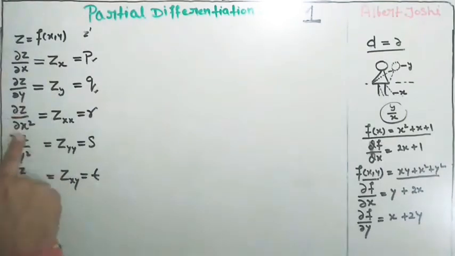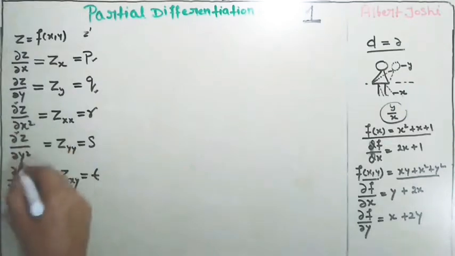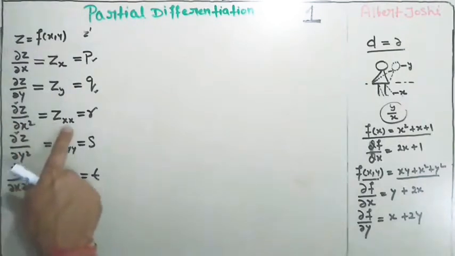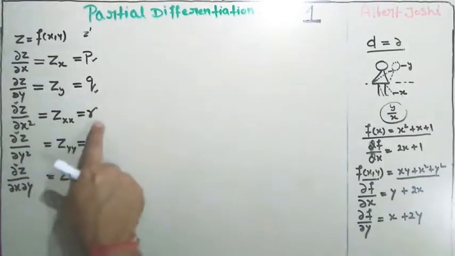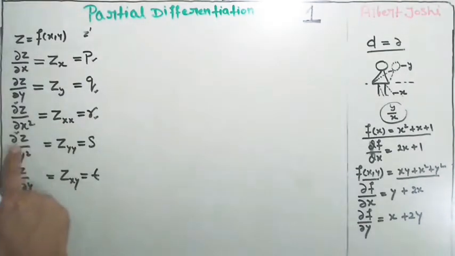Now del square z upon del x square. Now you have differentiated 2 times with respect to x, so you have written z x x. This is a subscript, and we are calling this r. Now we double differentiate with respect to y, this is z of y y.